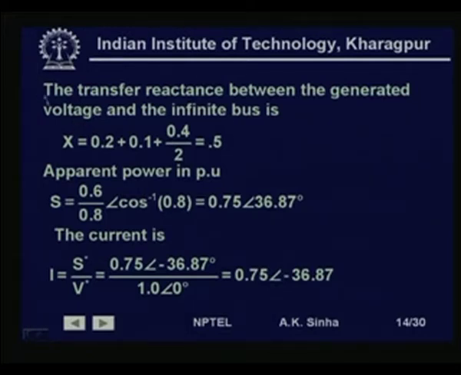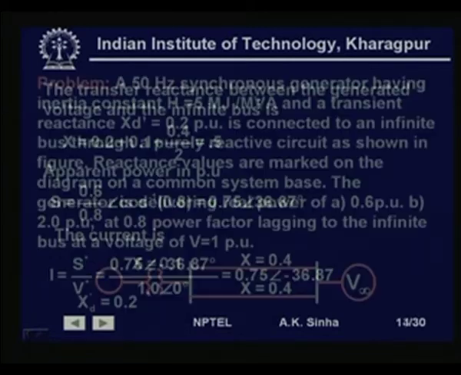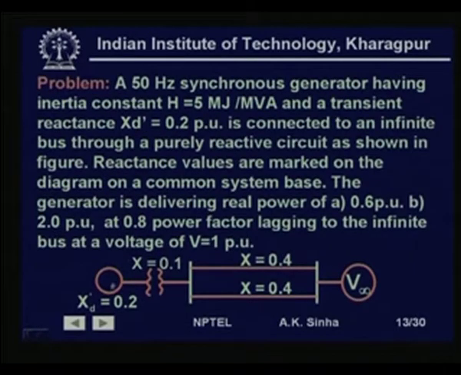So, first what we will do is find the transfer reactance between the generated voltage and the infinite bus, that is the voltage behind the reactance for this machine. As we have seen earlier, the simplified model had a voltage behind the transient reactance, and so for this voltage source, what is the transfer reactance up to the infinite bus?